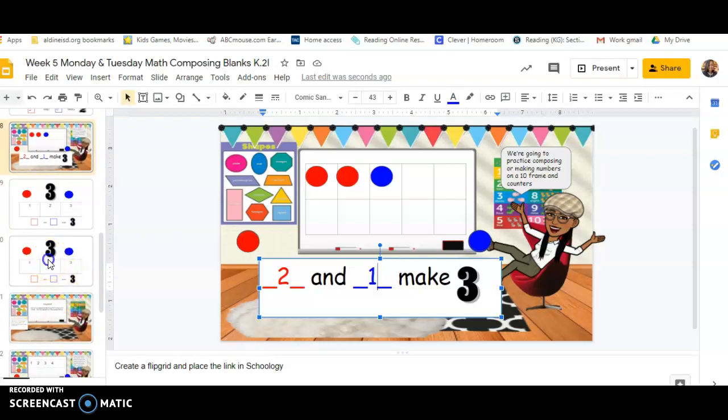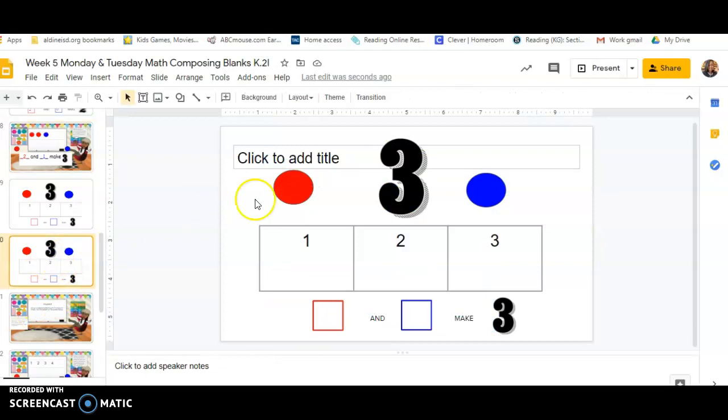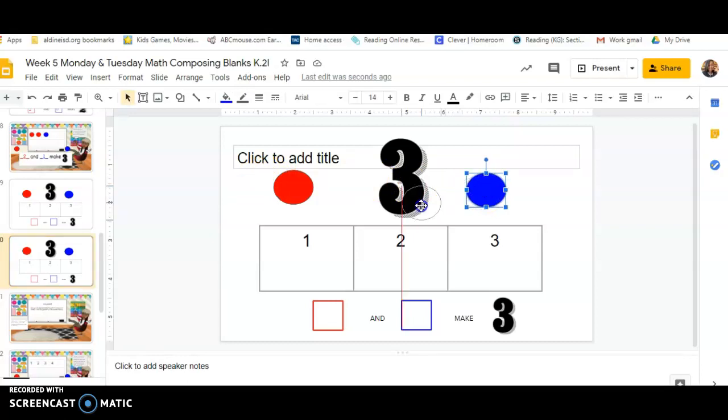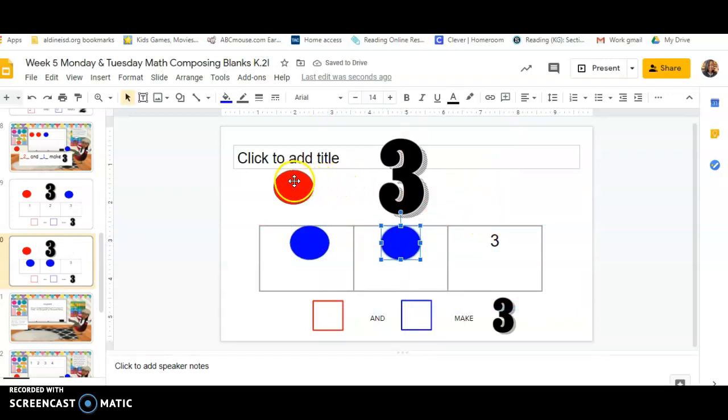All right, let's try another one. So let's say this time I want to use blue. So I want to compose the number 3, and I'm going to use my blue counters. So I have 1, 2, and 3. Okay. So I have 1, 2, 3.